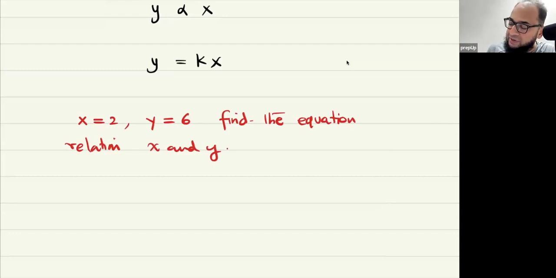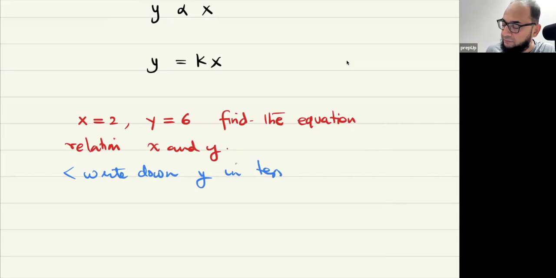Or they can even ask, write down y in terms of x. That means make y the subject of the equation. So how would you start with this? So let's say this is an exam type question.